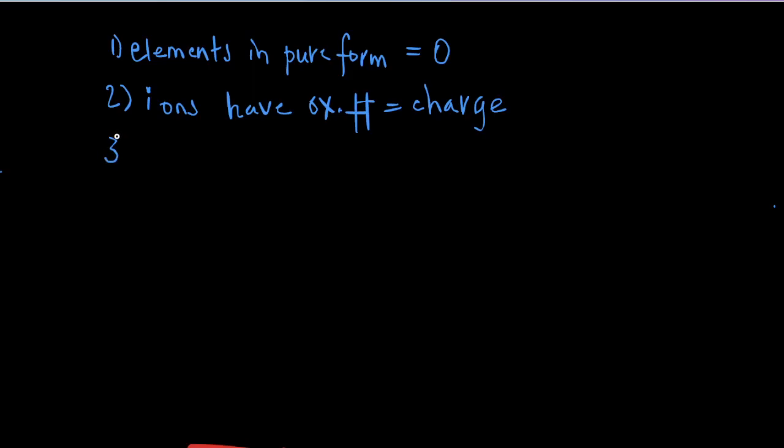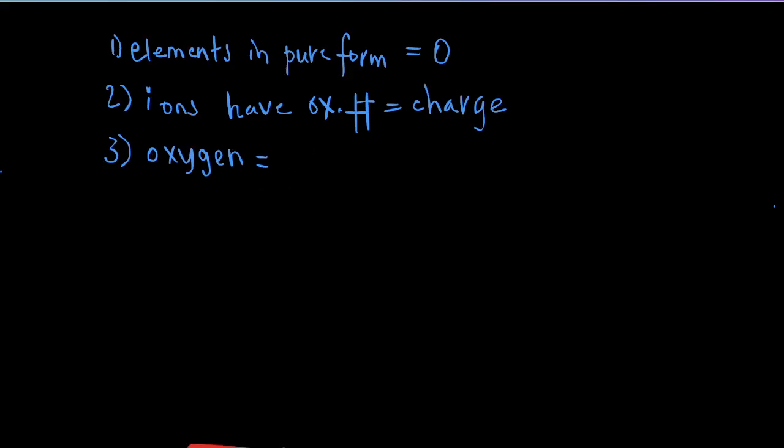Now moving on to the third rule. This is going to bring us to oxygen. Oxygen gets a bit trickier in that it is not just one rule. Let's just start here. Remember we already talked about elements in their pure form. If it is just oxygen alone, that's going to have an oxidation number of 0. But let's say we have oxygen that's incorporated in some compound.